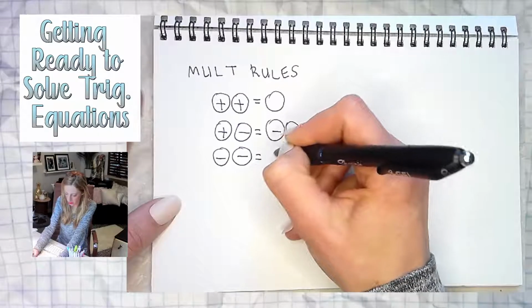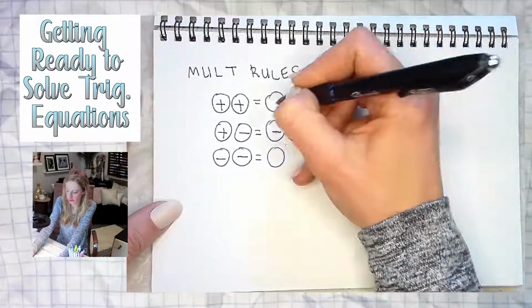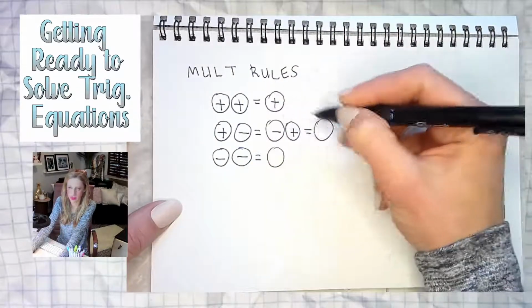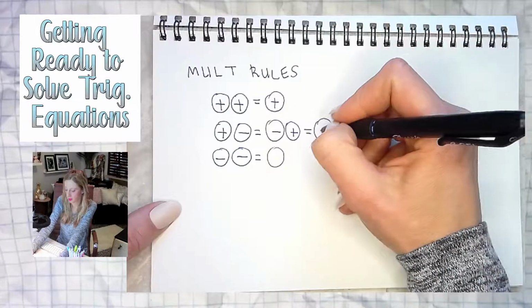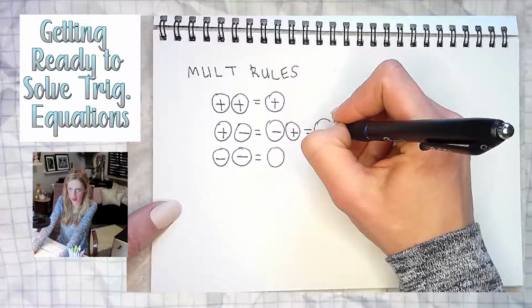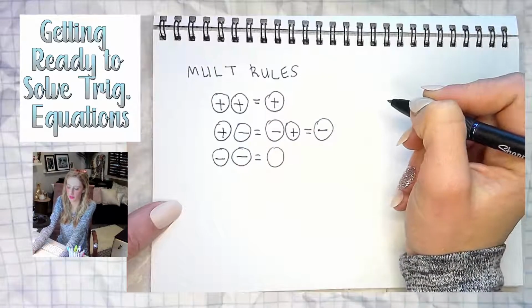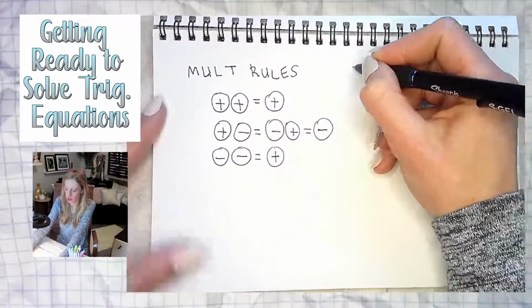What does that equal? So what's a positive times a positive? Anyone could just shout out. Positive. Okay, and then what is a positive times a negative or negative times a positive? Anybody, anybody? Negative. Negative, good. And then what about negative times negative? Positive. Good.